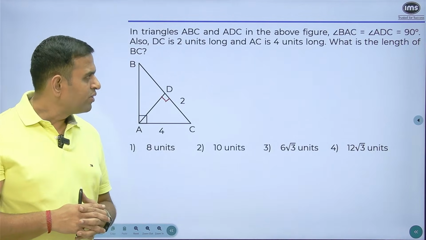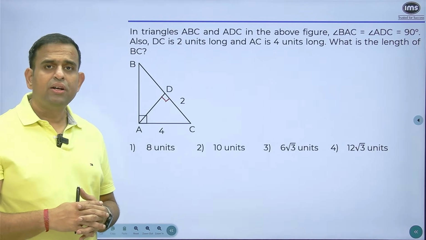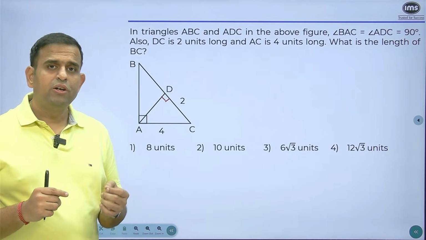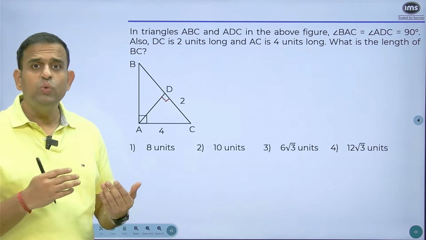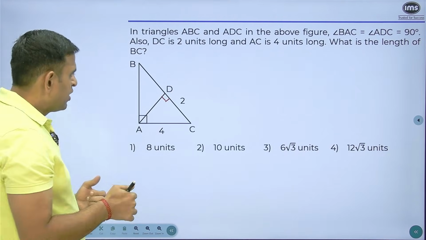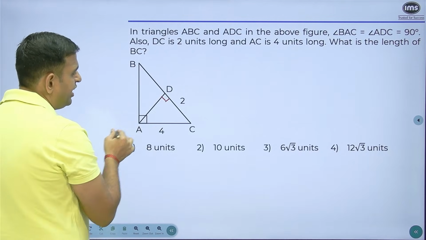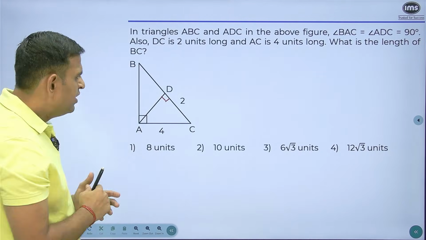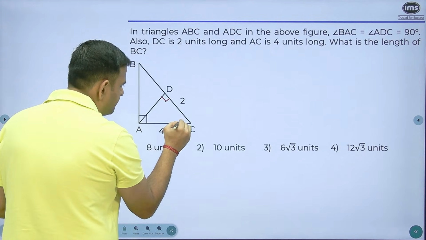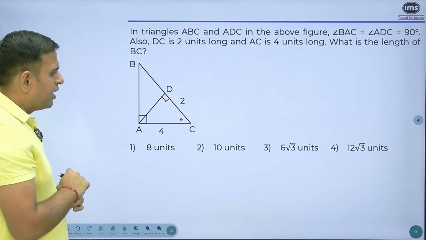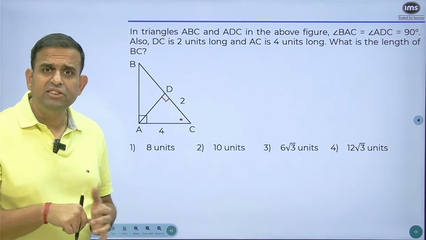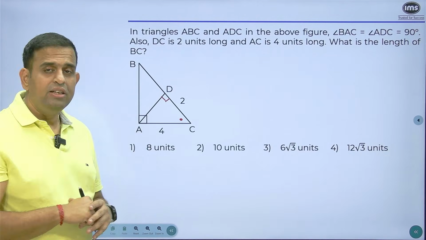Now, how do you find out the length of BC? Definitely in this context, I can look at triangles and look for certain angles. I can see two angles are 90 degrees each. Now, suppose a triangle ADC, because DC and AC are part of triangle ADC, which has an angle C. And angle C is also a part of the bigger triangle ABC, where C is the common angle and this angle is 90 degrees.